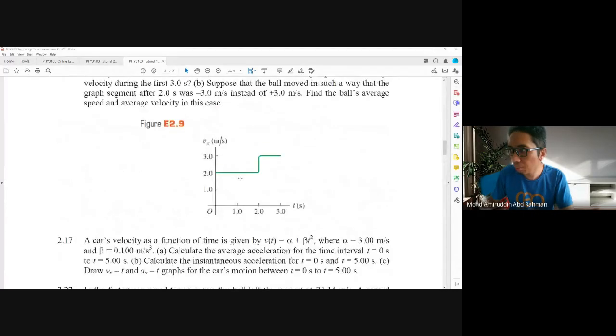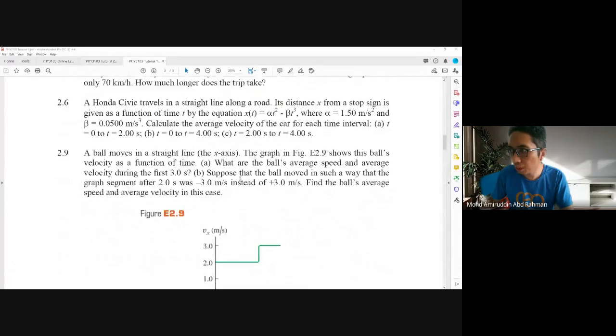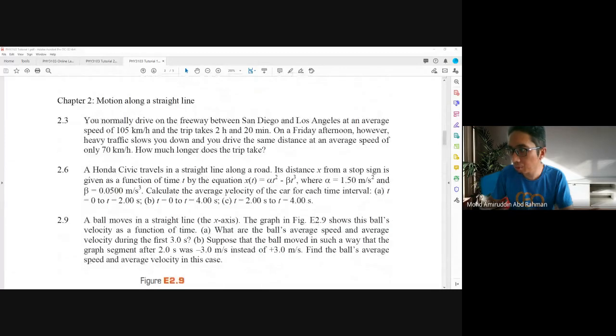So today I'm going to just pick up some of the problems, and then you need to solve the rest of the problems. But for the rest of the problems I will give you the answer so you can check whether you get it correct or not. Okay, so for example we look at the problem 2.3.